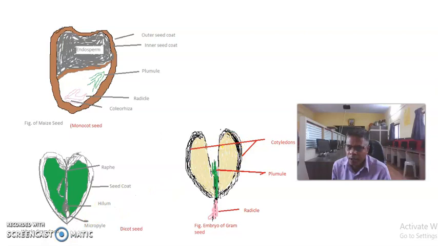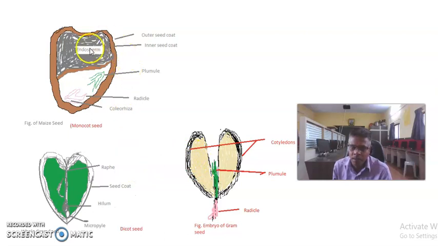So initially we study the parts of seed, that is the embryo, then the endosperm, next one is the seed coat, then the cotyledons. In dicot type seed the cotyledons appear, and these cotyledons serve as a food storage organ of the seed.